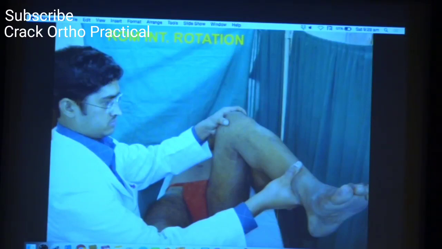And needless to say, you need to perform movements in the extended hip as well as with the hip flexed, because in some situations you have a differential restriction of mobility, and this is typically seen in those patients in which there is loss of sphericity of the head of the femur. Cases like Perthes disease of the hip or avascular necrosis of the hip are prone to demonstrate differential movements.